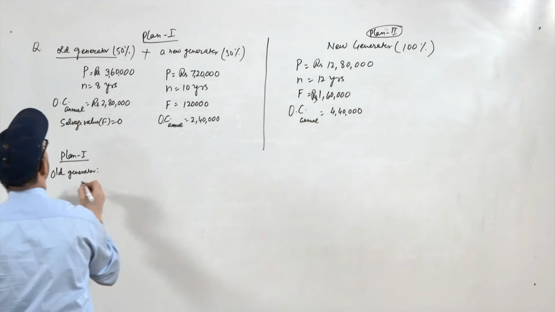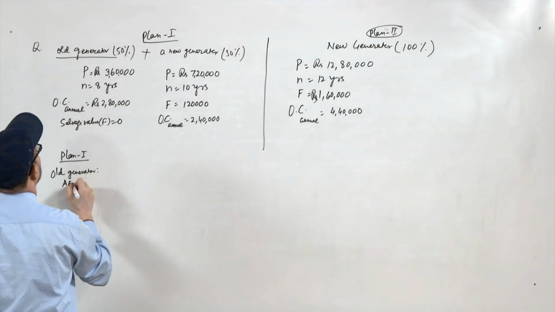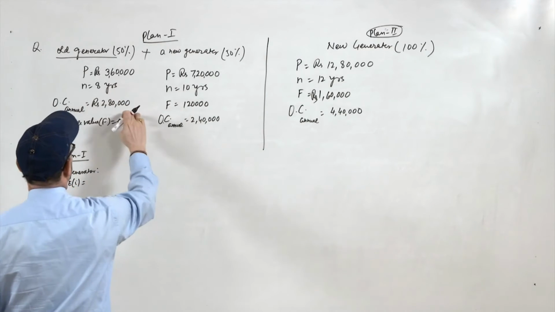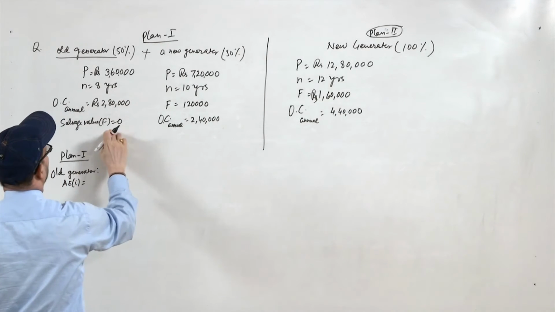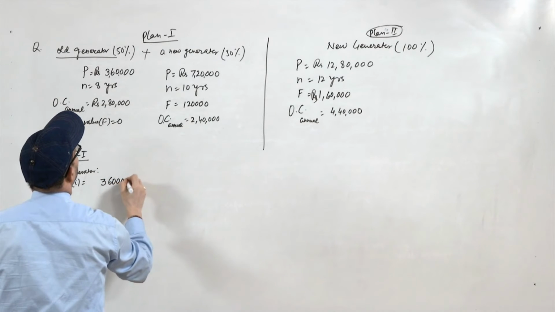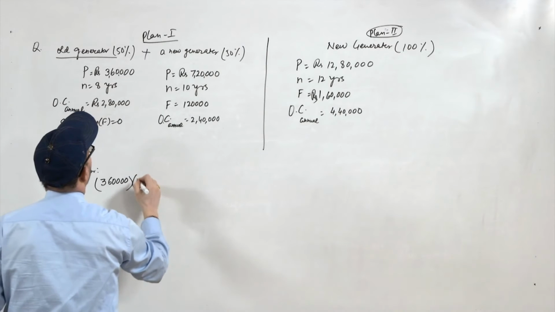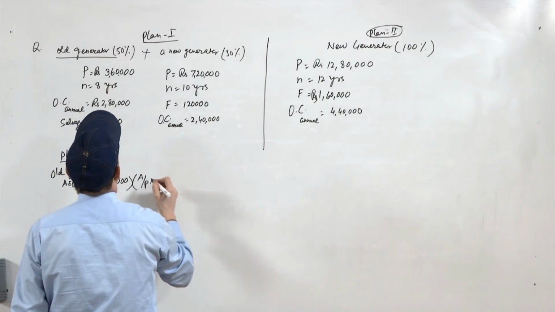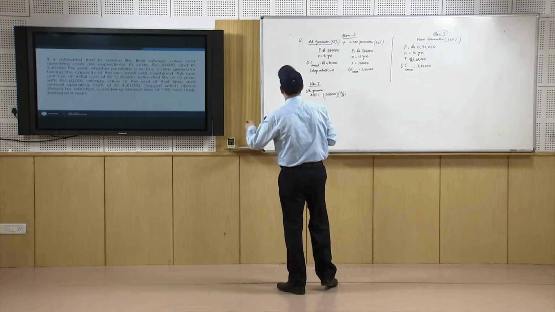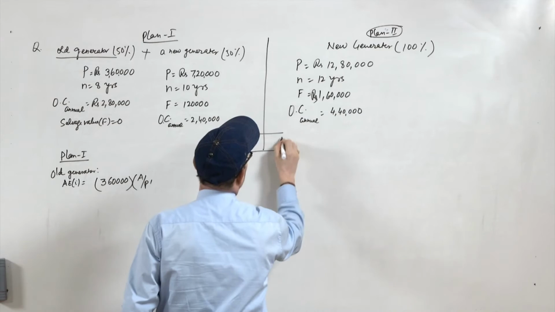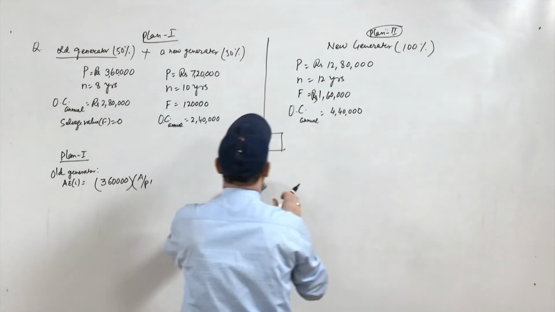The annual equivalent will be P minus F; since the salvage value is 0, it is 3,60,000 into A by P, i, n, where n is 8 and interest rate is 15%. In both cases i is taken as 15%.